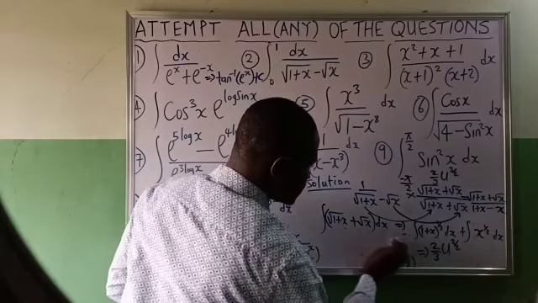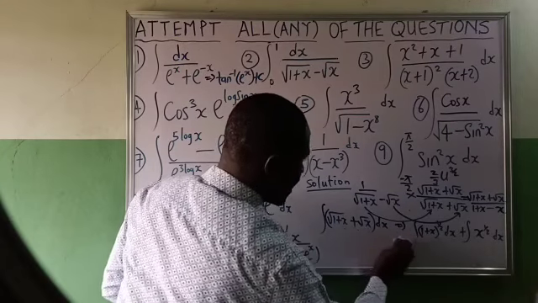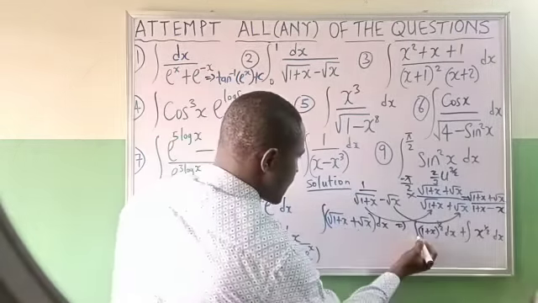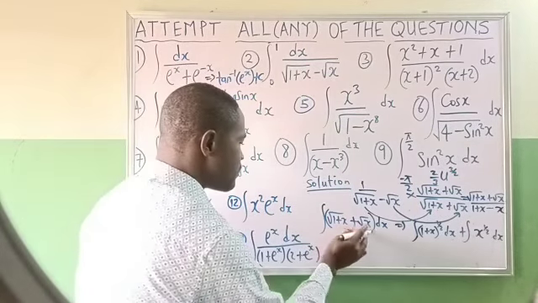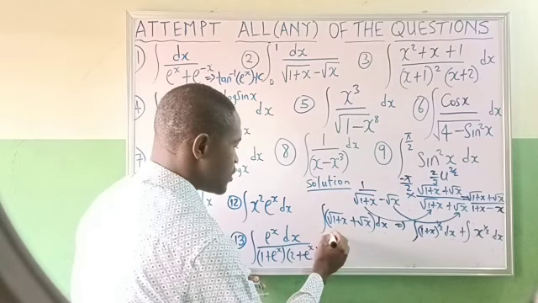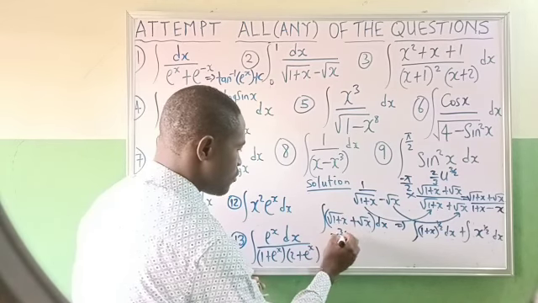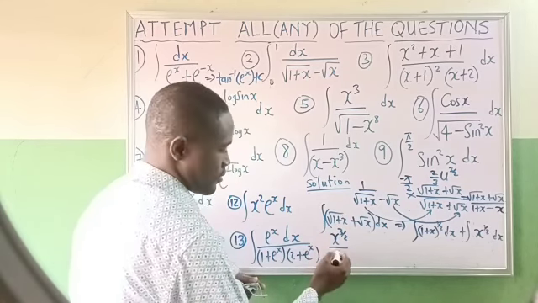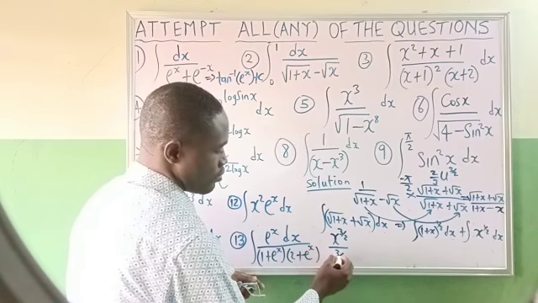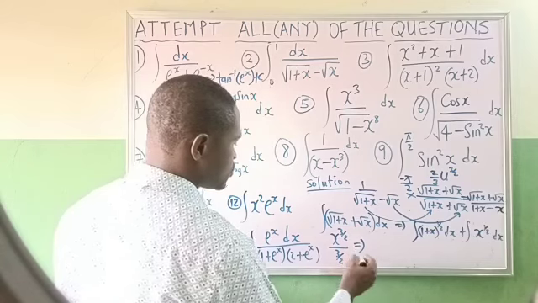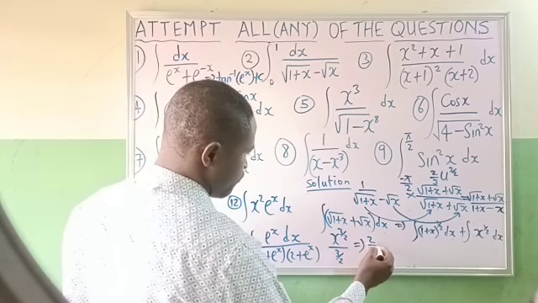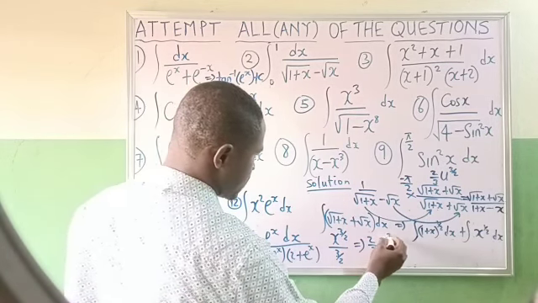To integrate the second function, I will say add 1 to the power, 1 plus 1 over 2. That will be giving me what? x raised to power 3 over 2 all over 3 over 2. Okay? And that will be giving us 2 over 3 x raised to power 3 over 2.